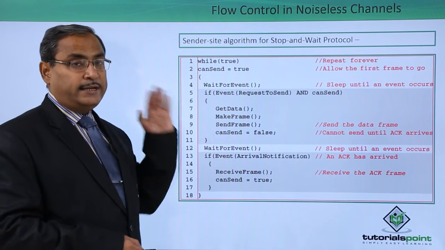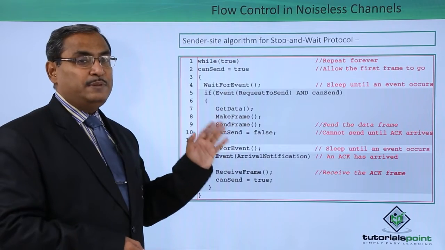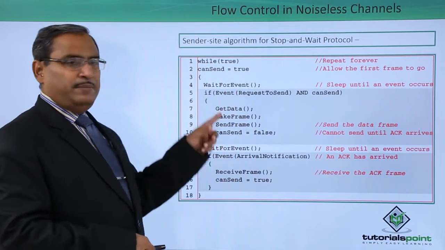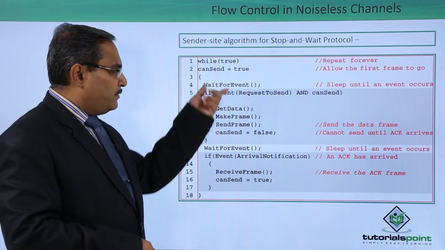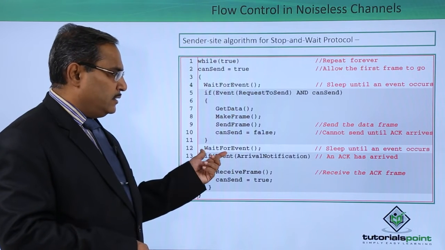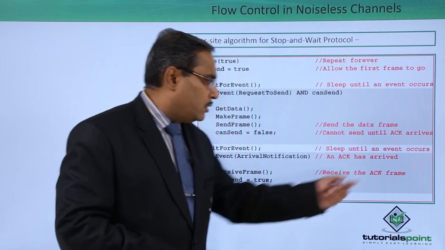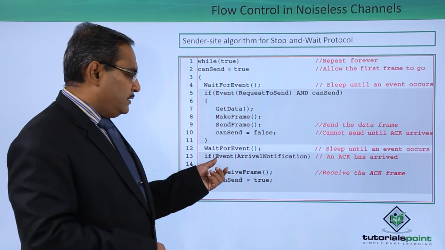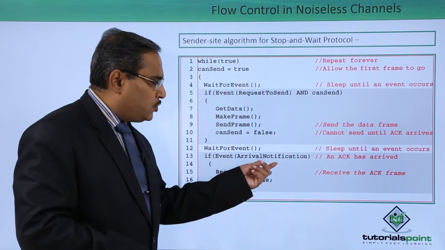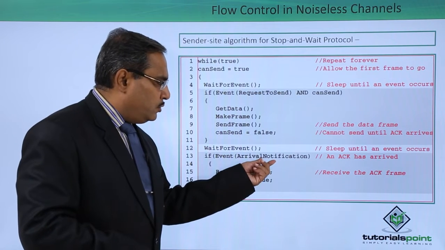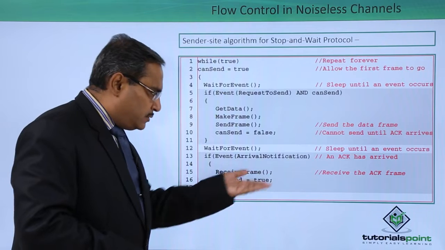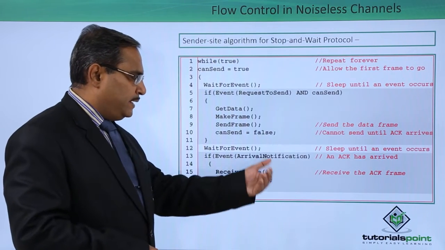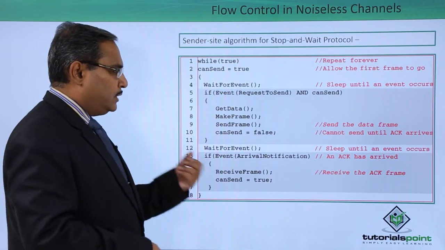So now at the sender side, canSend has been made false, so the next frame it cannot send in that case. Wait for the event. Wait for the event means this particular function: sleep until an event occurs. If the event is the arrival notification, that means the message has been received and the acknowledgement has come to the sender.